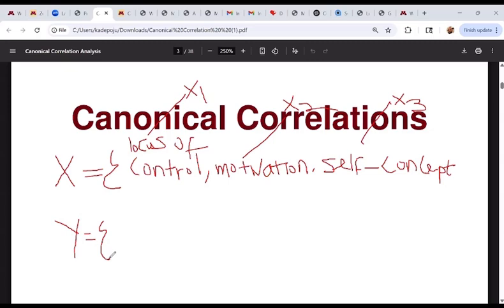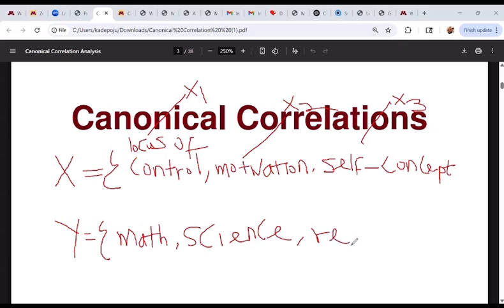Maybe the score in maths, the score in science, and probably the score in reading.